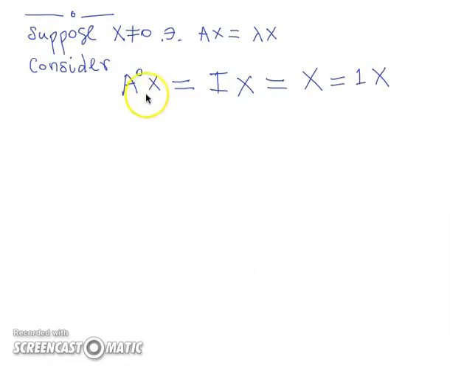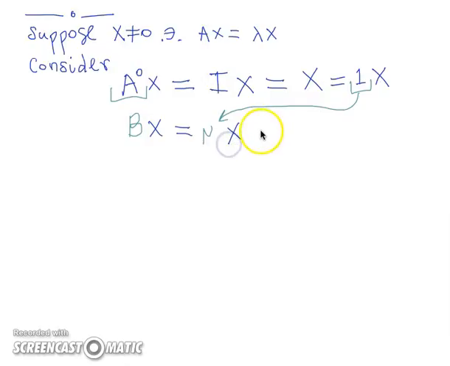Okay, so what we want to do is consider this vector equation with the matrix A to the 0 as a matrix B, and this scalar 1 as mu. And so what we have is B times x equals that scalar mu times x, and this is the definition, right? The definition of eigenvalue and eigenvector.